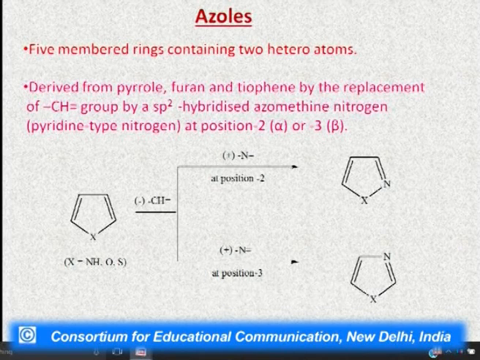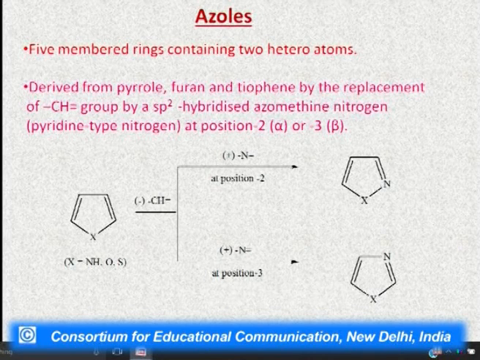These have been derived from pyrrole, furan and thiophene, which contain only one heteroatom, by the replacement of the CH double bond group, or you can say methine group, by an sp2 hybridized azomethine nitrogen, which is also called pyridine type nitrogen, at the position number 2, which is called alpha, or it can be at the position number 3, which is called beta.